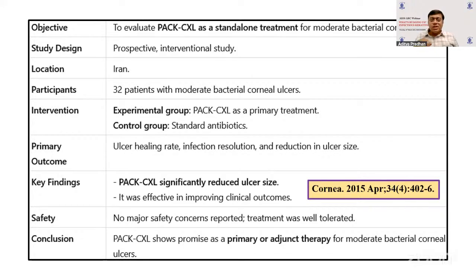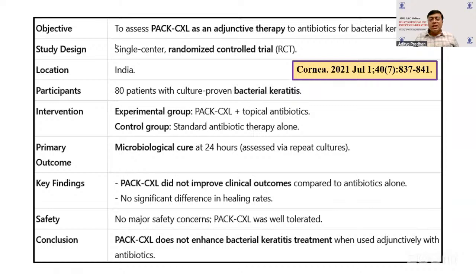The other study I'm showing is a single center randomized control trial from Madurai, the Aravind group. Again, the population was bacterial keratitis, 80 patients with culture proven bacterial keratitis. The experimental group was CXL with topical antibiotics. The control group was standard antibiotic therapy as per the institutional protocol. The microbiological cure at 24 hours via repeat cultures was the primary outcome.